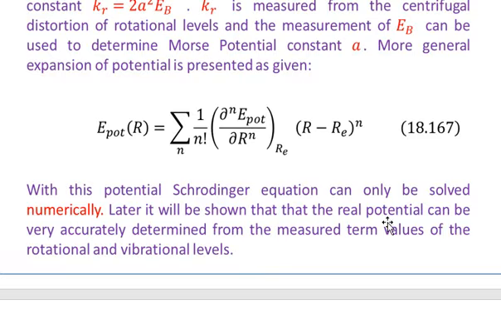Later it will be shown that the real potential can be very accurately determined from the measured term values of the rotational and vibrational levels. So you see that we shall be able to extract the real potential from the measurement of the rotational and vibrational levels.